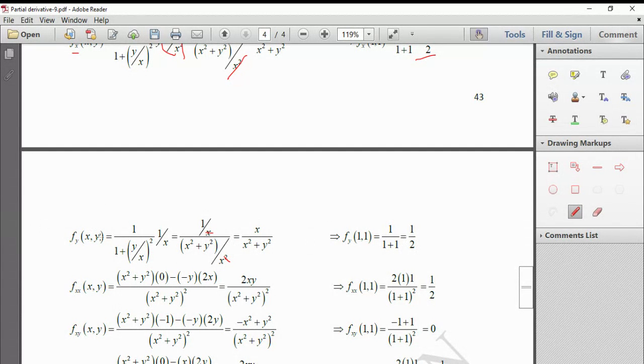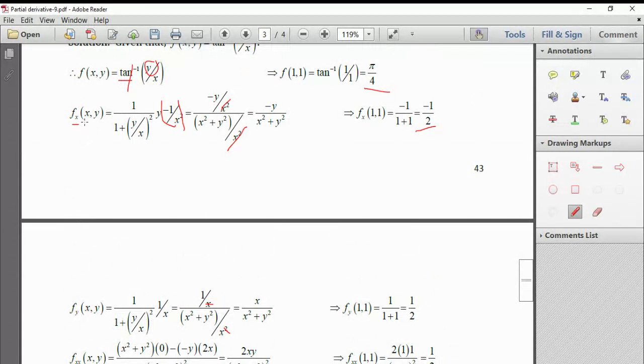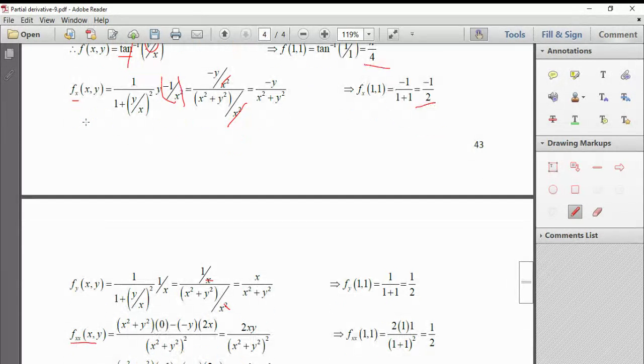Now we need fxx. So we have to differentiate fx with respect to x. When you are differentiating with respect to x, your y is constant. Let us assume this is of the form u by v. How are you going to differentiate u by v? Denominator square.